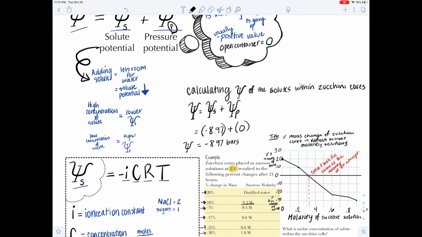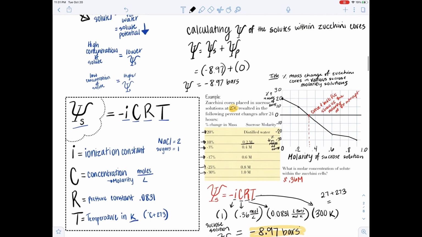All right, so that is it for topic 2.8. Okay, so we did an example of each of our equations. Keep in mind when we're looking at our solute potential, your concentration can either be given to you, you can get it from graphing your data, you can also calculate it using the formula for molarity, which is moles of solute divided by the liters of your solution.